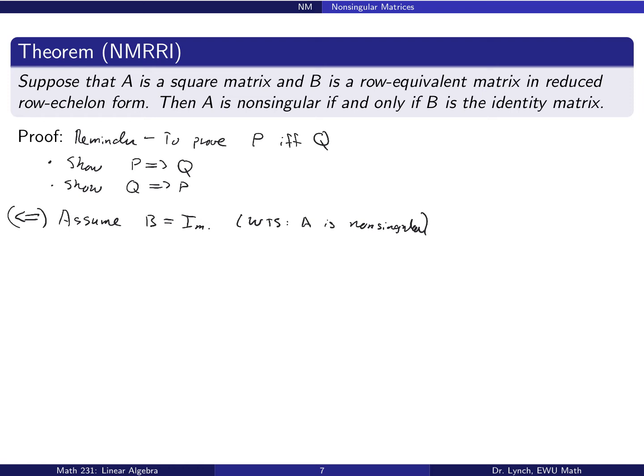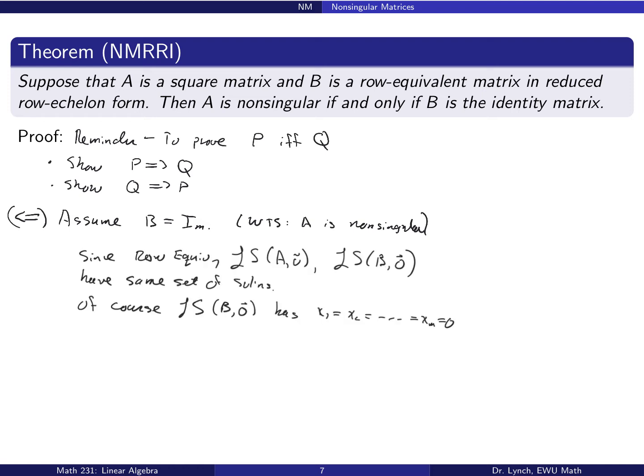Well, as it turns out, we know that the corresponding linear systems with coefficient matrices A and B and zero constants have the same set of solutions since they're row equivalent. Now, of course, the homogeneous linear system of B has the solution x1 equals x2 equals all the way up to x sub n equals 0, right?